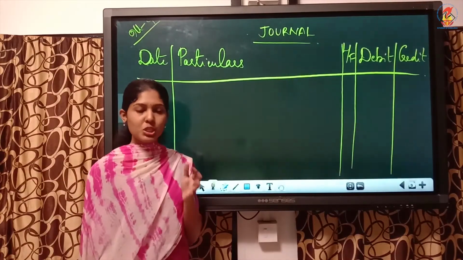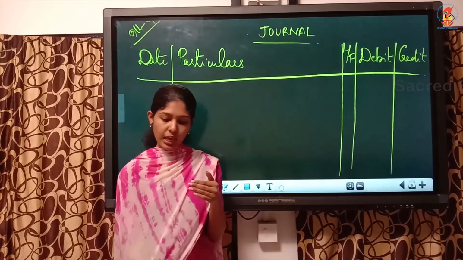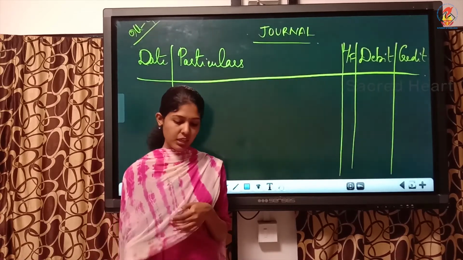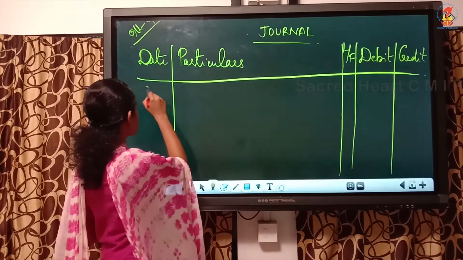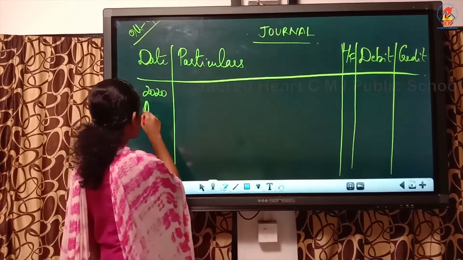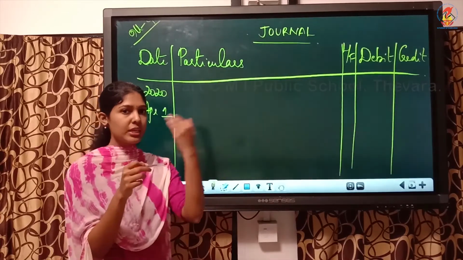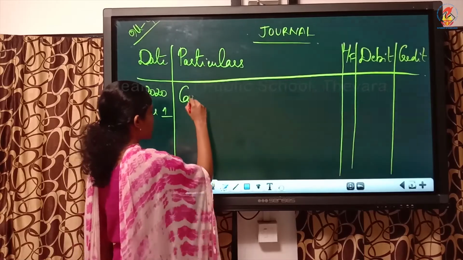First one, as usual, the first transaction is Pavan started business with cash of rupees 1 lakh. So we will write the date 2020, April 1st. When that person starts business with cash, what's the journal entry? What's coming into the business? It is the cash.